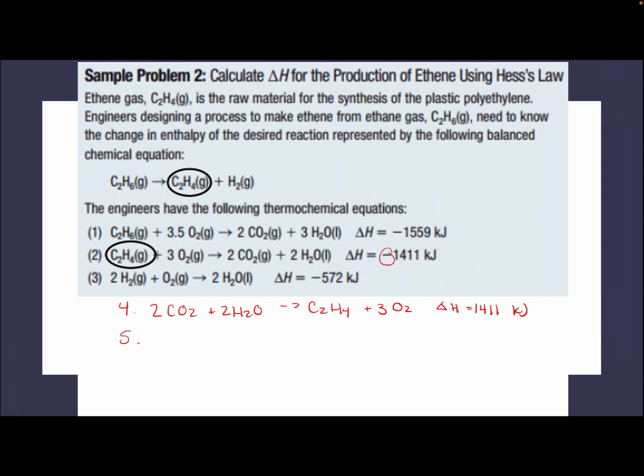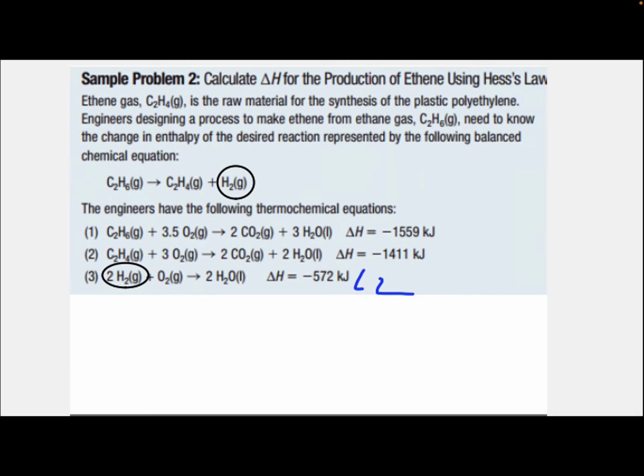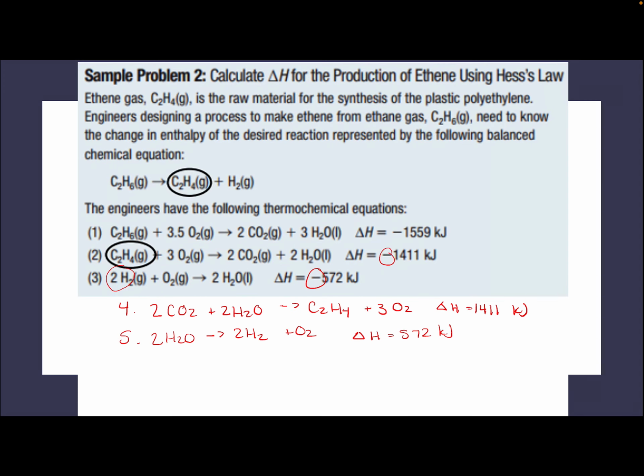So we're going to reverse it because it is also negative as well. So we're going to have 2H2O. That is going to create 2H2 plus O2 because we want to have this hydrogen on the other side. And so for this also, the change in enthalpy is going to be 572 kilojoules. So that negative symbol is going to be positive. So the reason why we reversed this is because we wanted to make sure that our hydrogen went to the other side, because that is what our equation is.